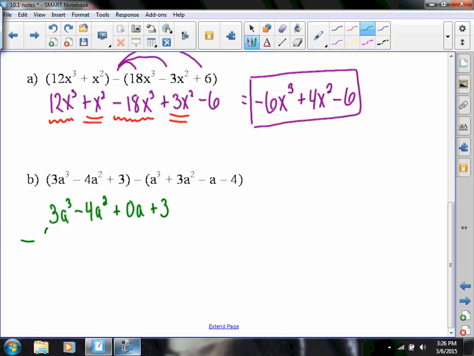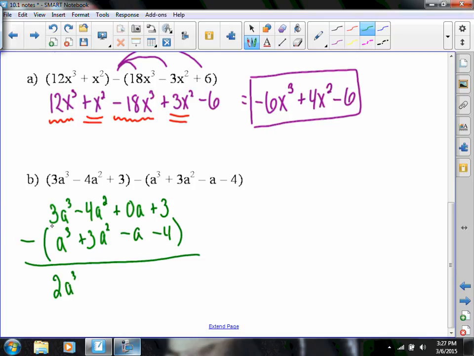And then I'm going to subtract, let's see, a to the third lines up here, plus 3a squared minus a minus 4. Now again, if we're subtracting, you have to remember that you're subtracting every term. So I have 3a to the third minus 1a to the third, which will get me 2a to the third.